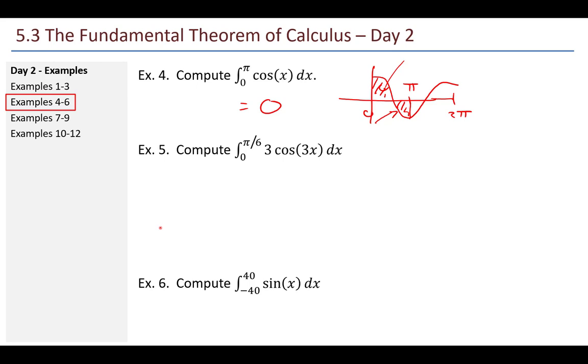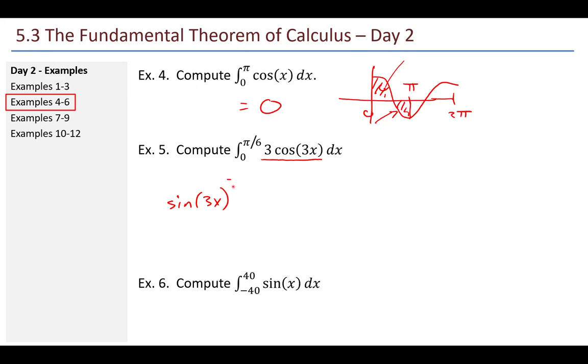How about this next one? Well, I need an antiderivative for 3 cosine 3x. And be careful, it's tempting to think that the antiderivative is 3 sine of 3x. But if you take the derivative, you'll see that that's not right. Because when you take the derivative, you need the chain rule. The 3 comes out, which maybe lets us understand that, in fact, the antiderivative of 3 cosine 3x is simply sine of 3x.